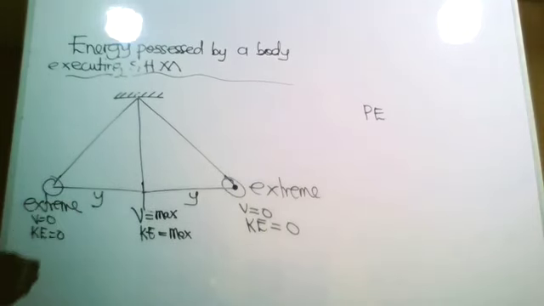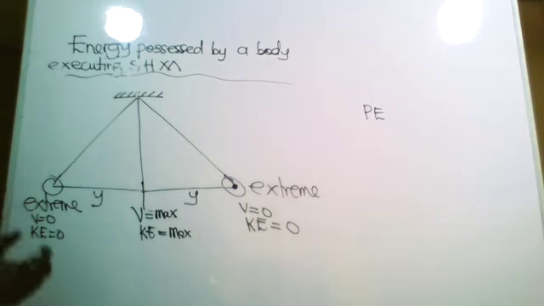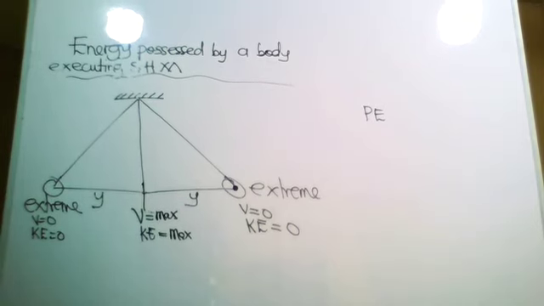Sir, because the kinetic energy is 0. No, you didn't understand the question. Where would PE be maximum? Where would PE be minimum? Okay. Sir, please, PE will be minimum.